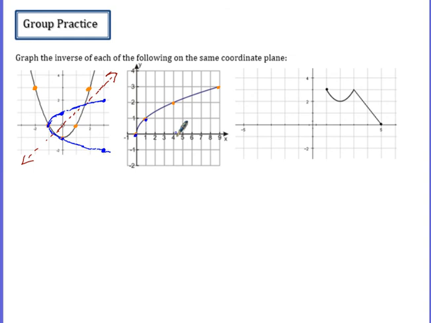The next one, 4, 2, needs to be swapped for 2, 4. And if you're like me, you're going to be running off the graph with the next one, and that's fine. You've got a point of 9, 3, and you swap that to be 3, 9, way up here somewhere. Let's just estimate it to there.